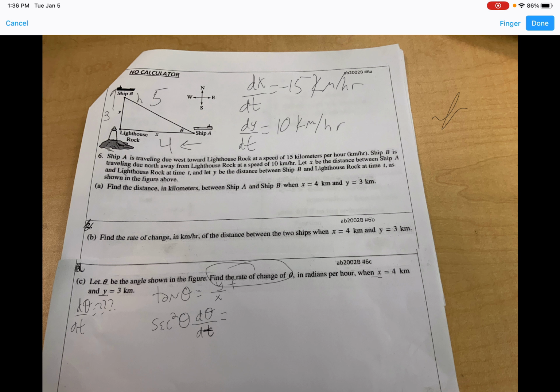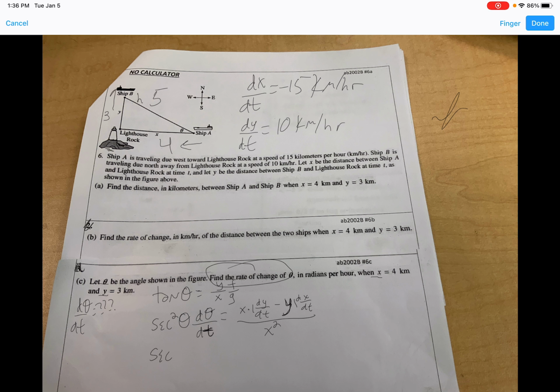So that's going to be my F, and that's my G. So G times F prime minus F times G prime all over G squared.